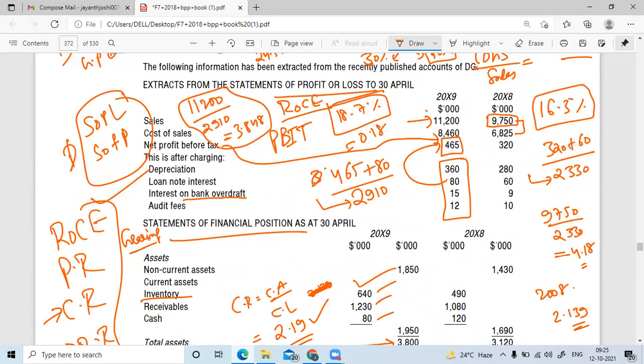See, please understand this point very clearly. See, what is this loan note interest? Is it an income or expense? Income, it's a non-operating nature income. So this is 80.